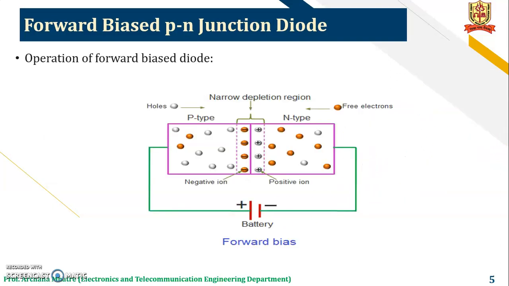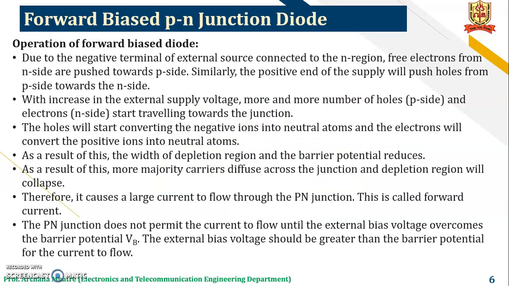Now this is the operation of the forward biased diode. Here you can see the P type is connected to the positive end of the battery and the N type is connected to the negative end of the battery. Due to the negative terminal of the external source connected to the N region, free electrons from the N side are pushed towards the P side.